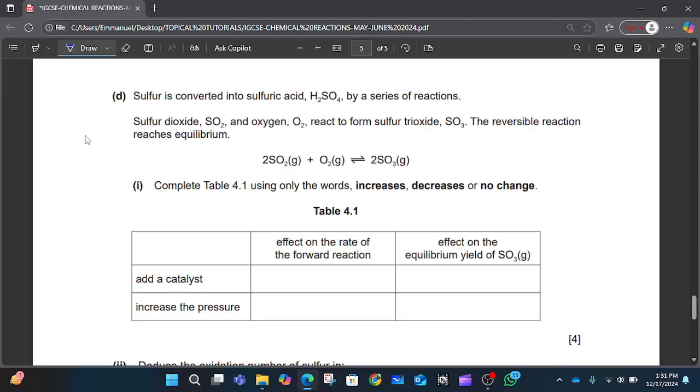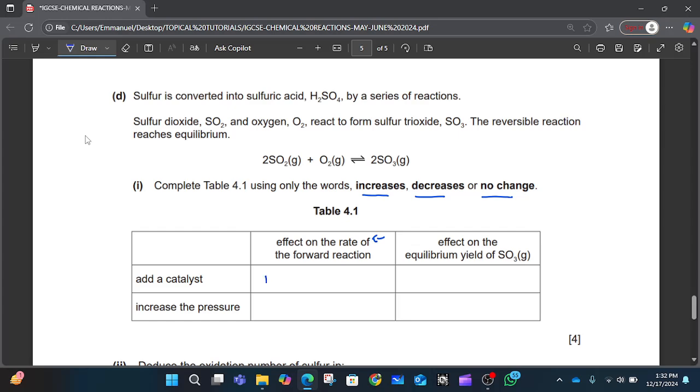I. Complete table 4.1 using only the words increases, decreases, or no change. So in table 4.1, you are supposed to comment on the rate of forward reaction if a catalyst is added.